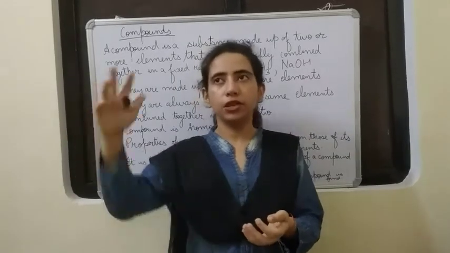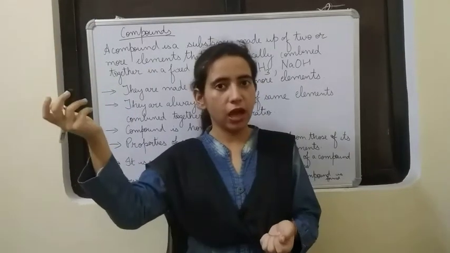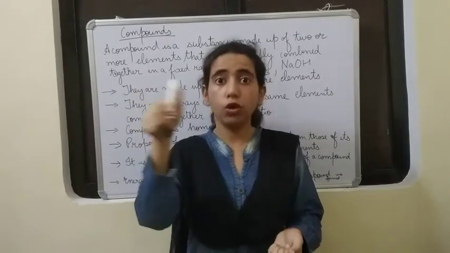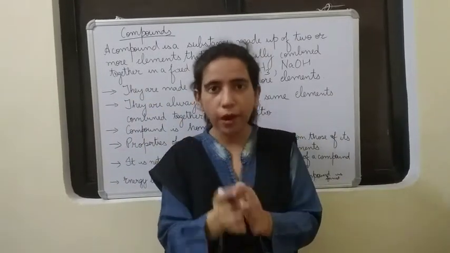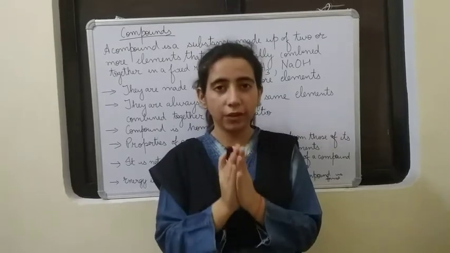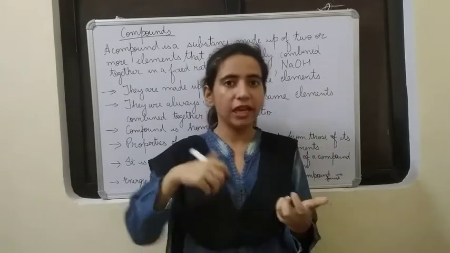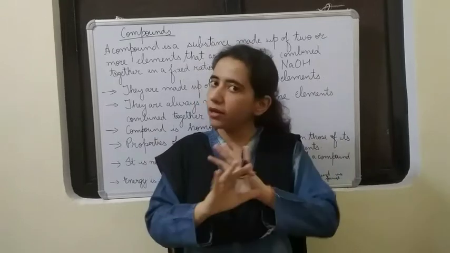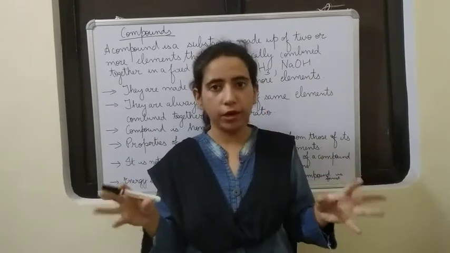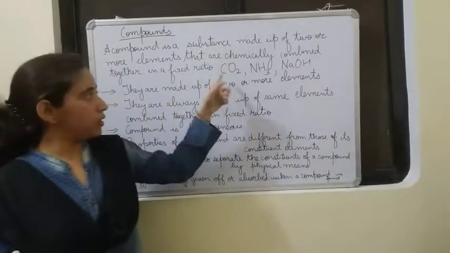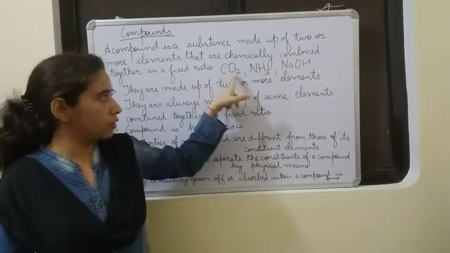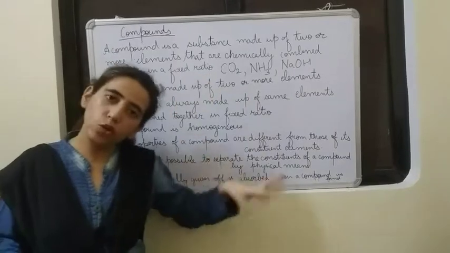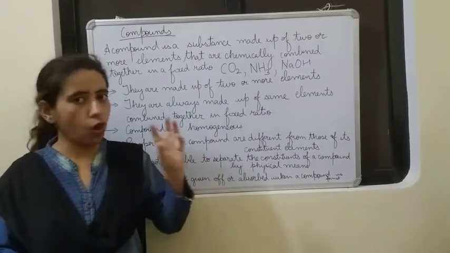Suppose in any other country, in America, a scientist is making carbon dioxide, then he or she also will take one carbon and two oxygen. They will combine to form carbon dioxide. That means their ratio and their elements are fixed, no matter where on the earth we are taking carbon dioxide. The ratio, you see, one carbon and two oxygen, 1:2, is going to be fixed in the case of compounds.